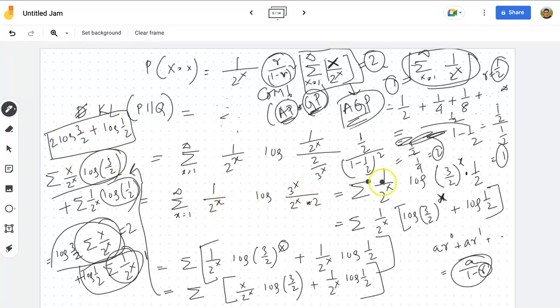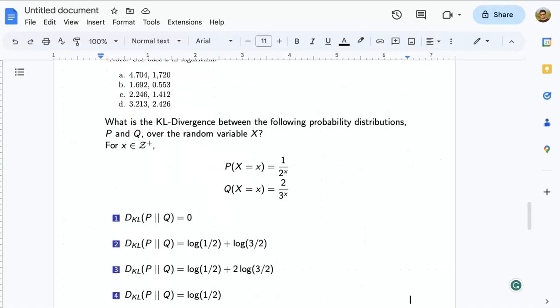You just need to know different series and how to calculate them. So this is the final result, 2 log 3 by 2 plus log 1 by 2. Yeah, so number 3 is the correct answer.